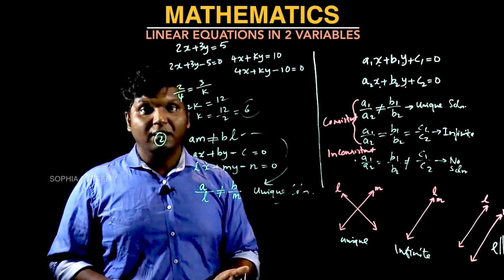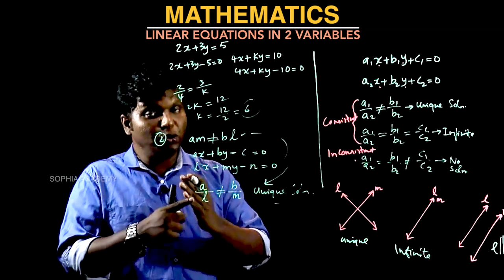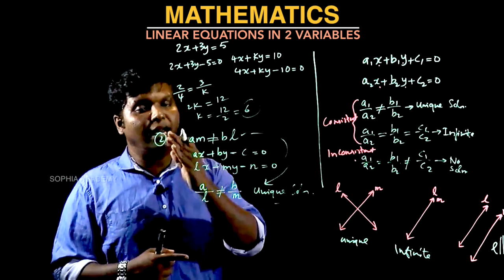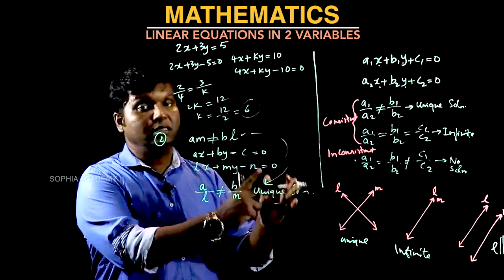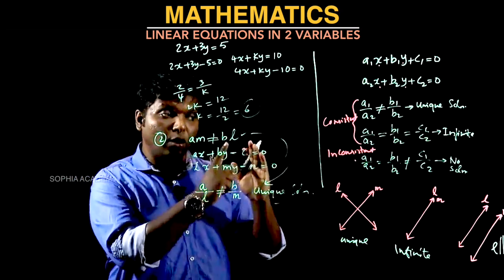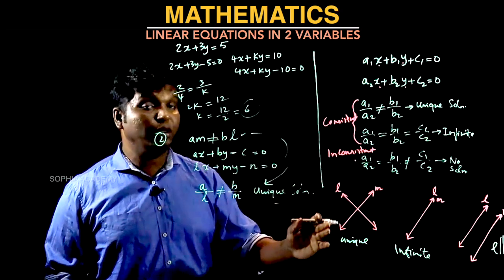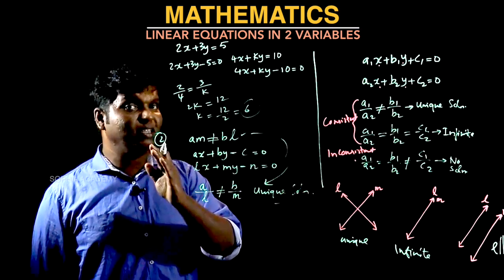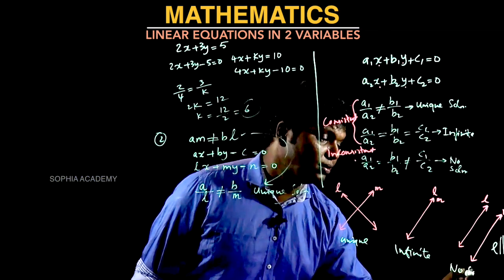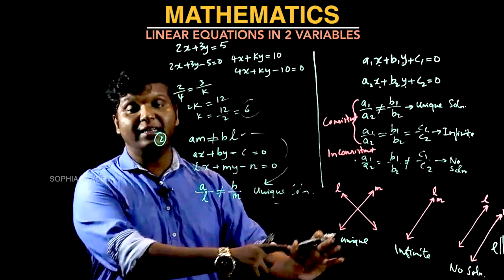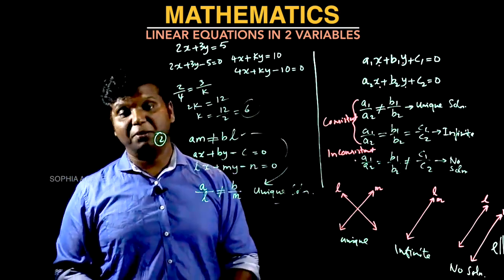It may not have any solution, because I told you where they intersect together, that point is what we call the solution. So being parallel lines, they are not going to intersect together, and that's why we will say in this case, what will be the thing? No solutions. You are right. So no solutions. So these are the three conditions regarding the graphical representation method.